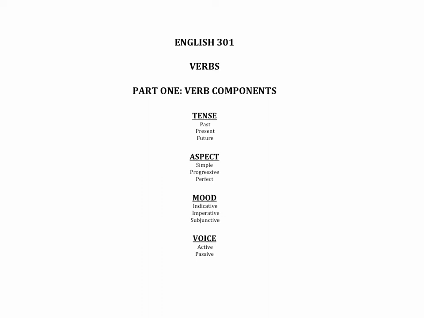If I were to say in the progressive aspect, I am smiling. I am, present tense, smiling, right? Continuous, I'm in the process right now. I'm smiling. Imagine me smiling over many minutes here.